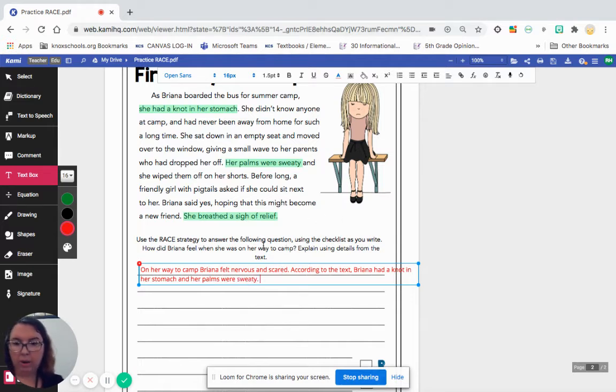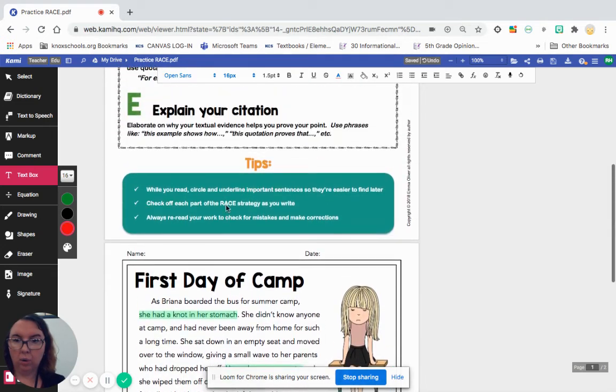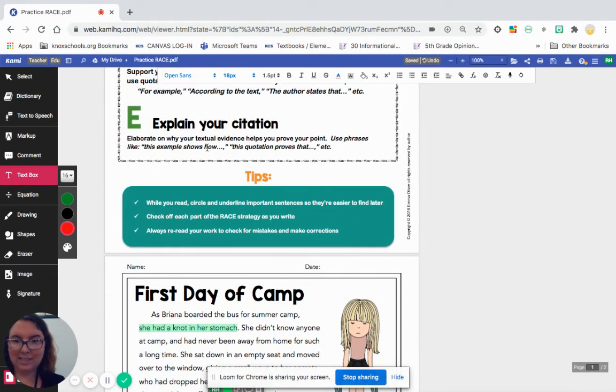So then I need a way to connect back to my original answer, right? How can I show that this evidence means that she felt nervous and scared? I remember it says this example shows or the quote proves.